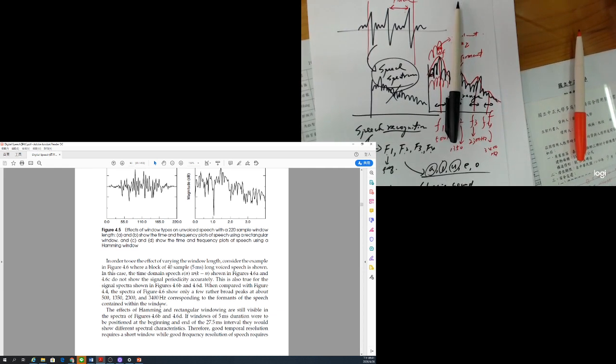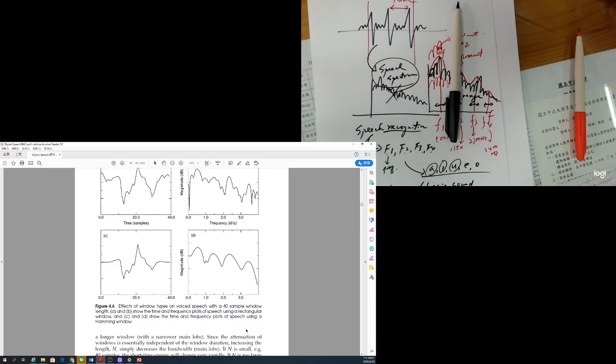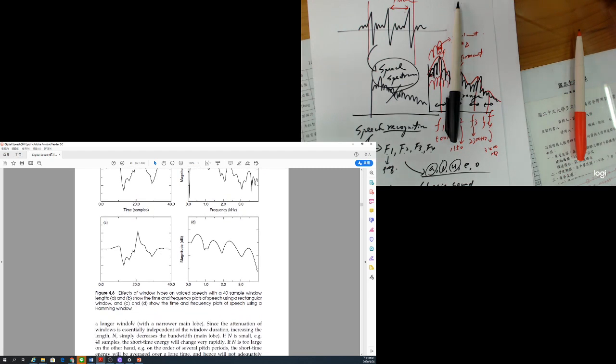If Hamming window and rectangular windowing are still visible in 4.6, 4.68 because their window size is smaller, you can see they will show different spectrum characteristics. So good temporal resolution requires a short window, while good frequency resolution requires a larger window. This one is straightforward.